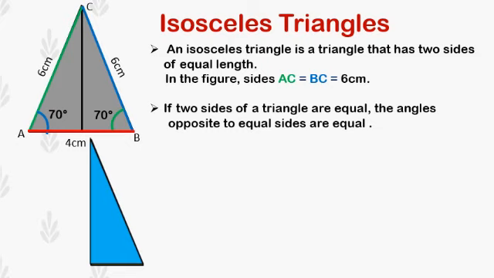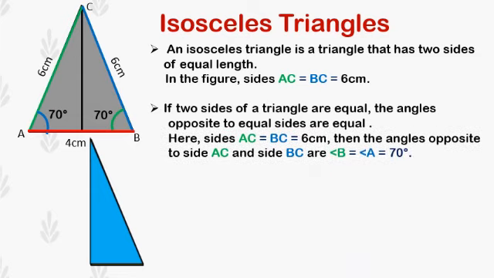Here, the angle opposite to the side AC is angle B and the angle opposite to the side BC is angle A. So, sides AC equals BC equals 6 centimeters. Then the angles opposite to side AC and side BC are angle B equals angle A equals 70 degrees. Its reverse is also true, right?